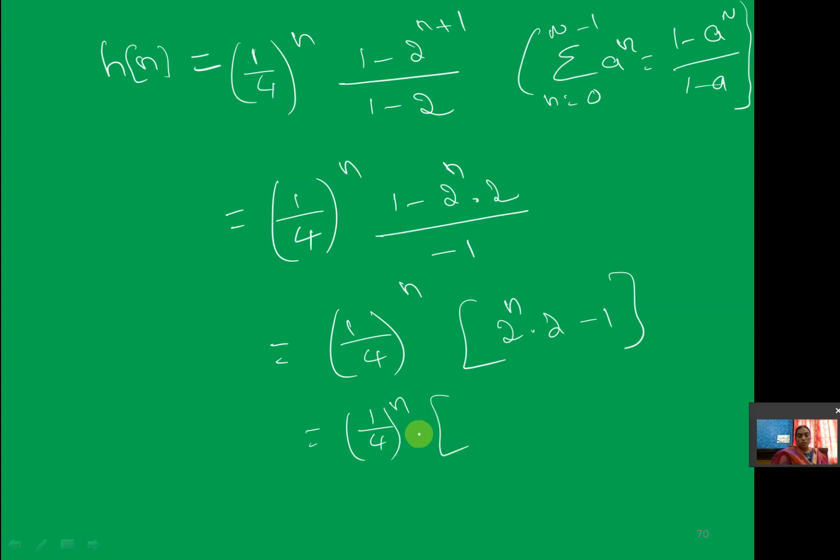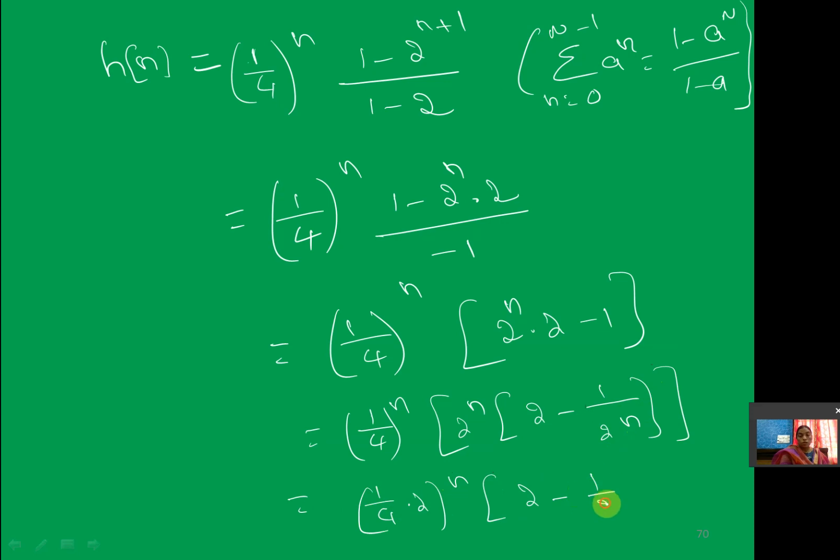So now here common 2 power n. Now here it is 2 minus 1 by 2 power n. Now 1 by 4 into 2 whole power n, 2 minus 1 by 2 whole power n. So now h of n is equal to 1 by 2 whole power n, 2 minus 1 by 2 whole power n.